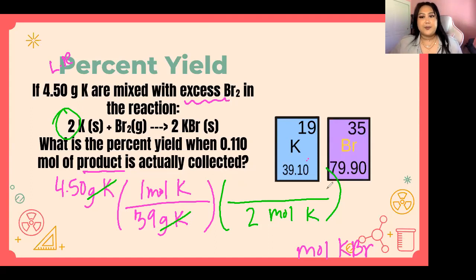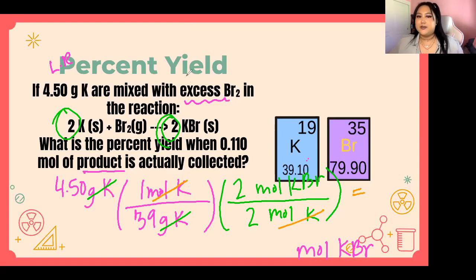What goes on the top? What are we interested in? Close. 2 moles of KBr because of this coefficient. So after we get rid of these moles of K, we are left with the moles of KBr.